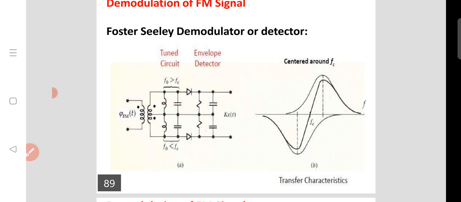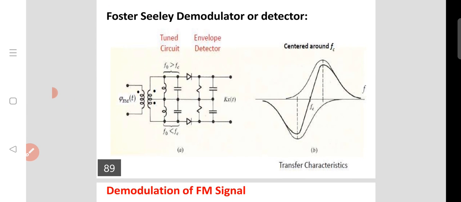You see on the screen, this is the Foster-Seeley demodulator or detector. In this also the concept is same. First of all, the input FM signal is converted into AM, then it is fed to the envelope detector in order to get our original message signal.